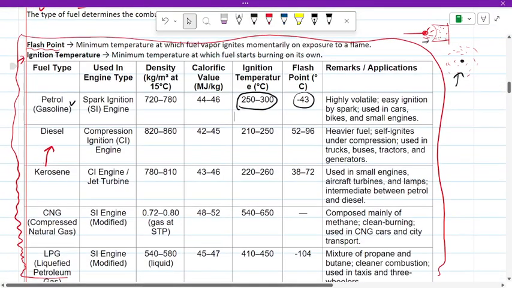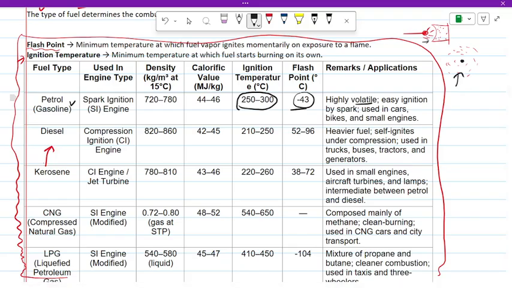Yes, this is minus 43. You can see the petrol is volatile at a low temperature. Volatile means less dense. It vaporizes even at room temperature. So that is why mixing of petrol particles into the air is very easy.